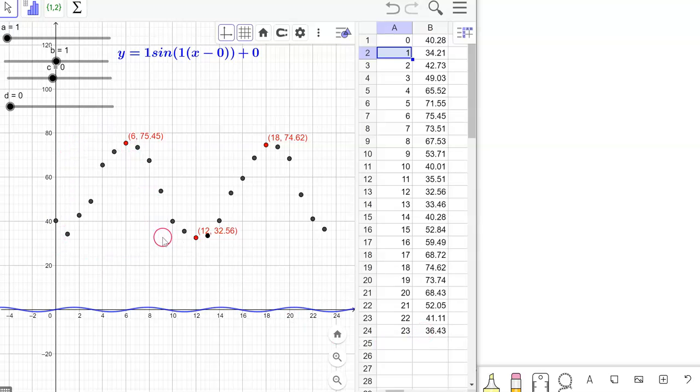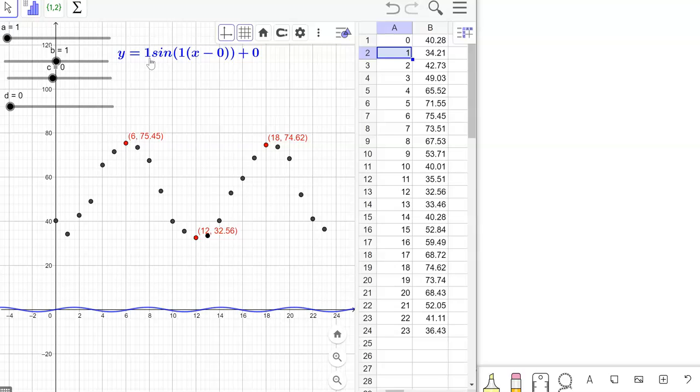Here you can see that graph plotted, and on the bottom you can see a basic sine graph, just one sine x, right? So no shift vertically or horizontally, and the period is still 2 pi, and the amplitude is 1.